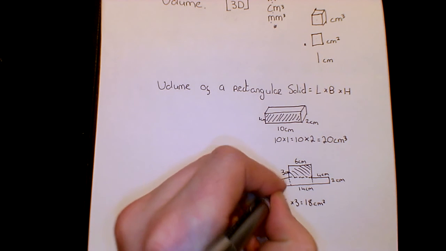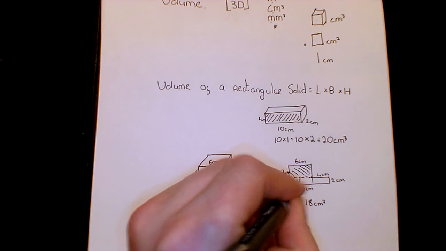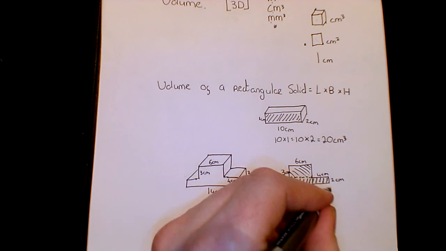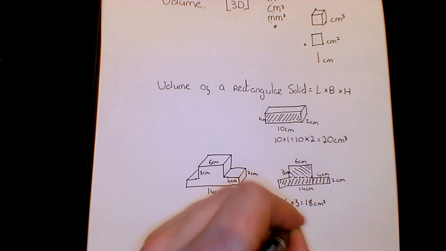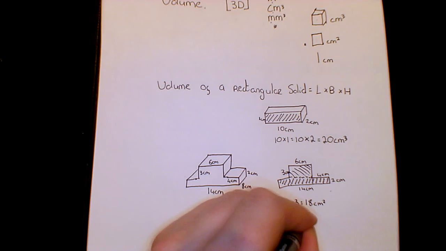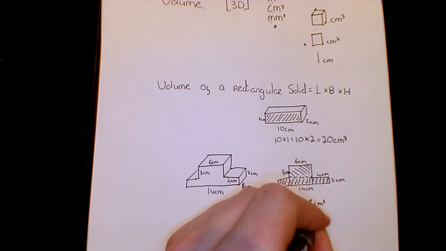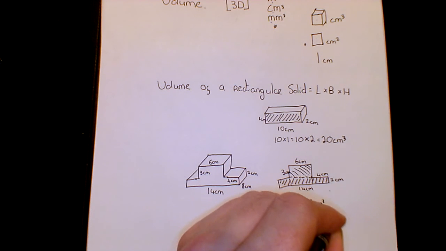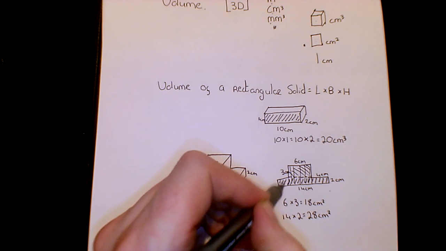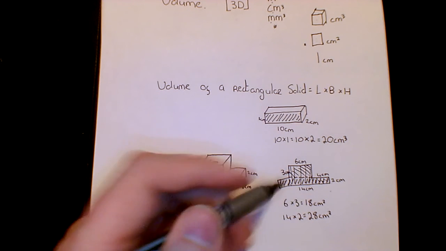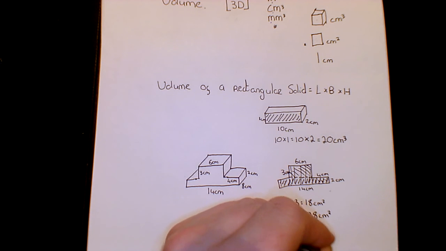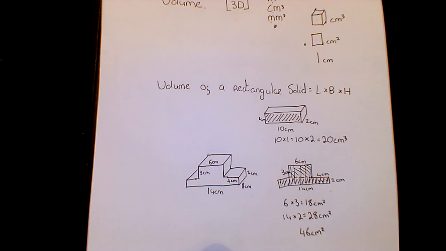Now we're looking for the area of this bit. Its length is 14 multiplied by the height of 2, which is 28 centimeters squared. If we add the two together, we get the area of all of the face, which is 46 centimeters squared.